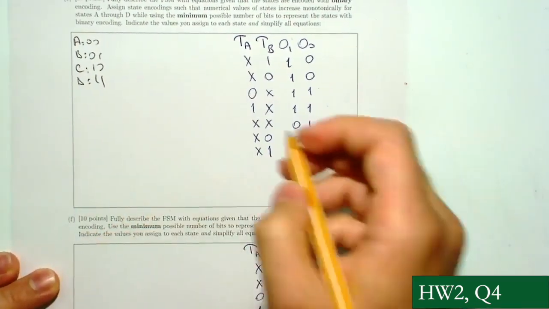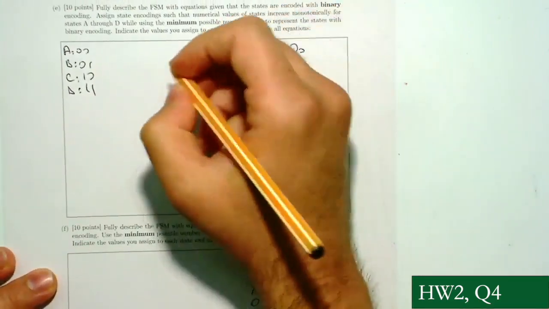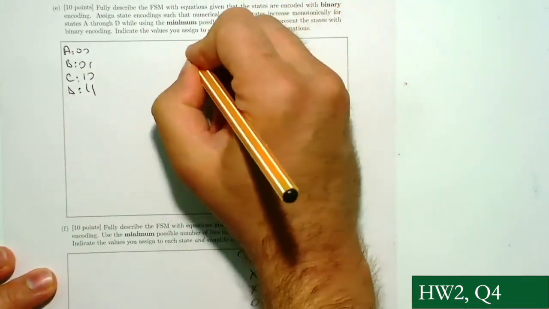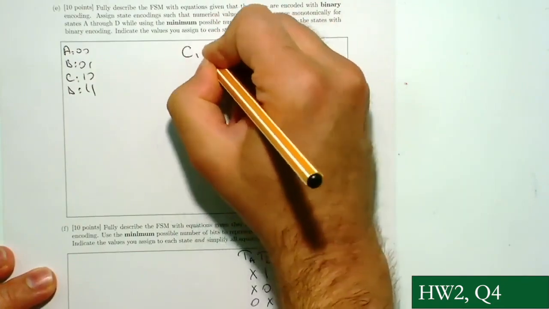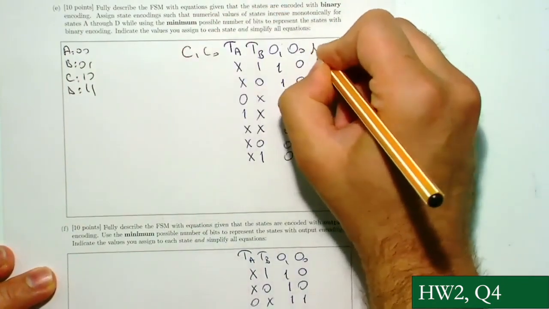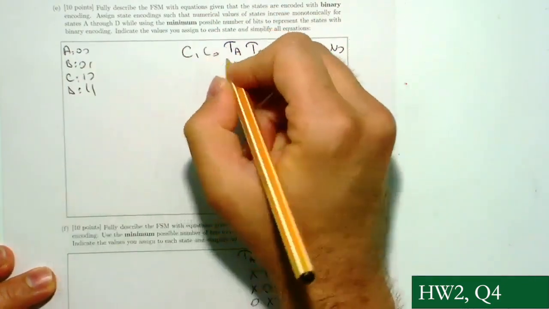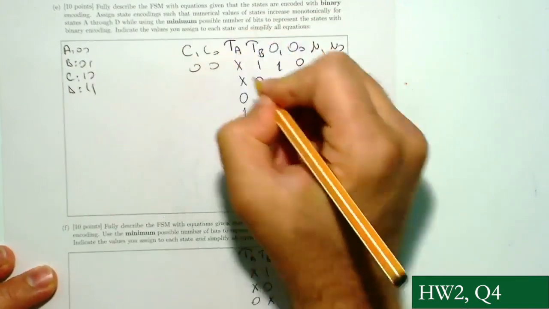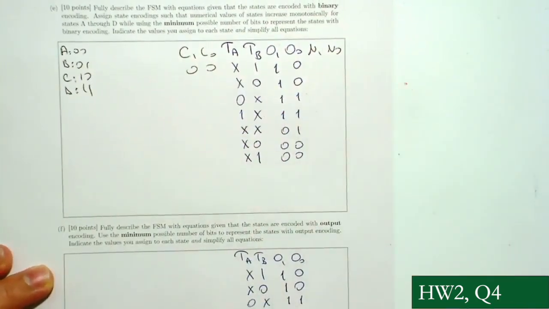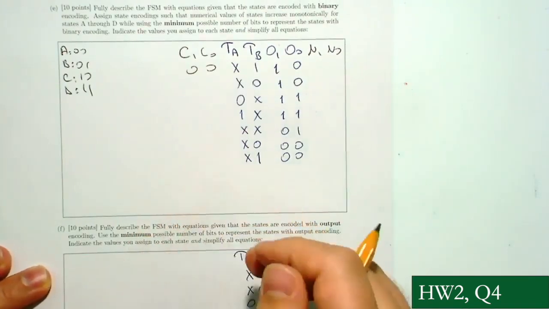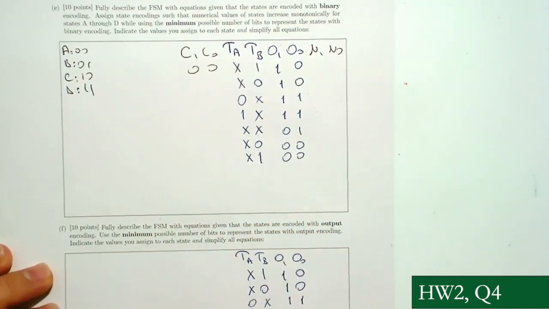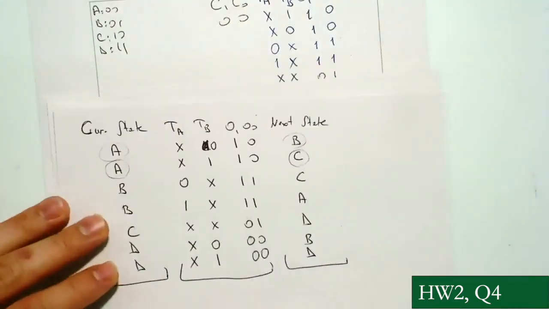So the same thing that I've done in the previous question. But this time we have only 2 bits, so I'll write it as follows.